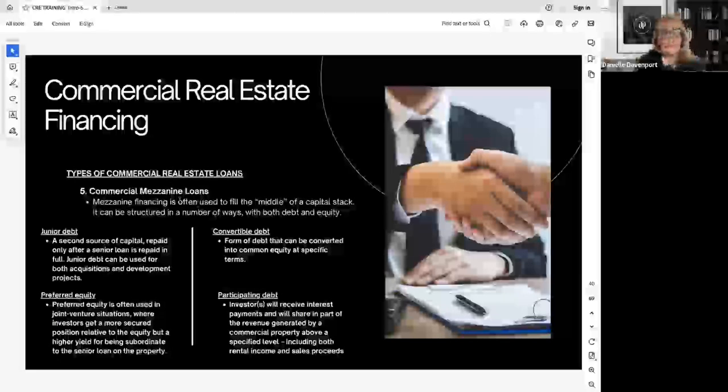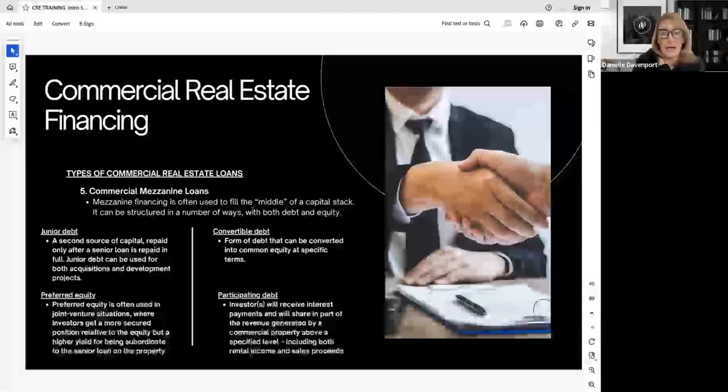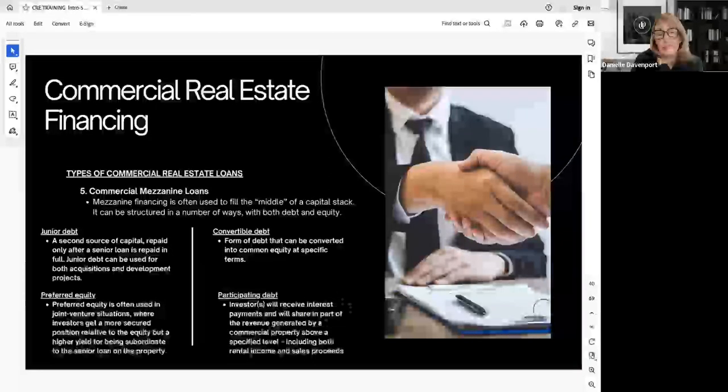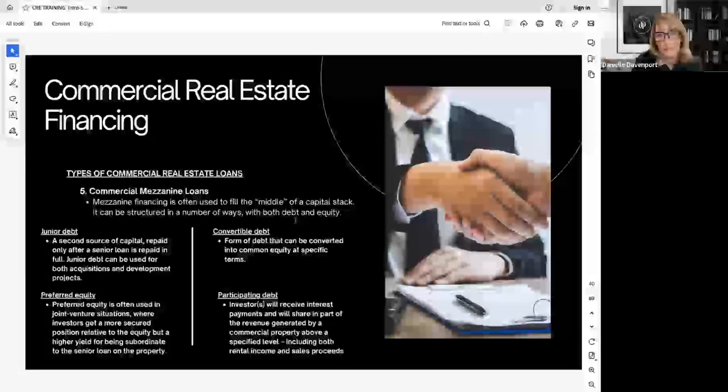The other thing I talked about, does anybody remember when I talked about mezzanine or capital stack loans? Capital stack is really where you're stacking in all different types of funding. You might not go and get just one loan. You might have 3 different types of loan.